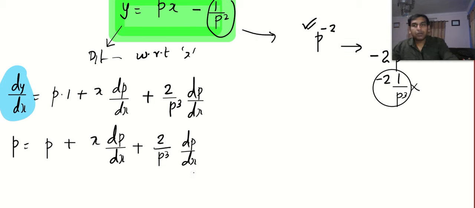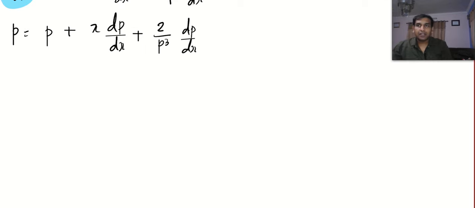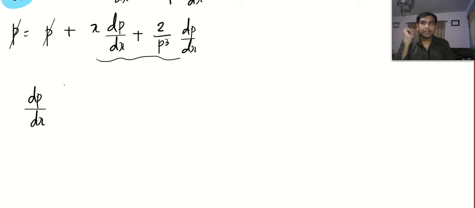One good thing about Clairaut's equation is, in all Clairaut's problems, you'll see that this p on the right and the p on the left will get cancelled. So you end up with dp by dx into x plus 2 by p cube equal to 0.